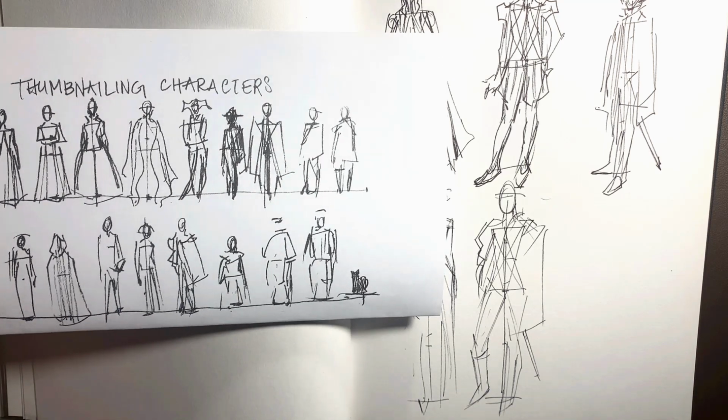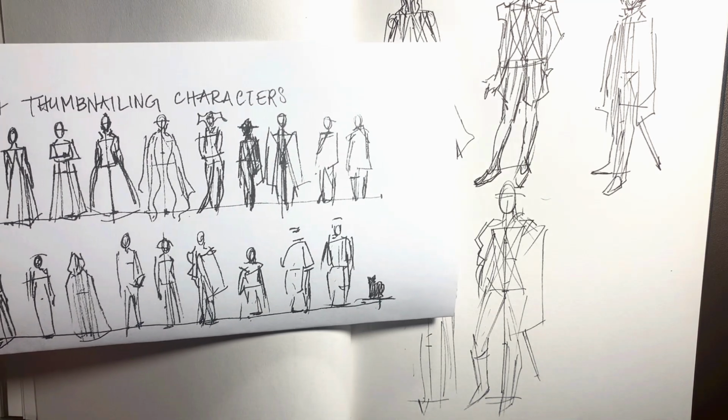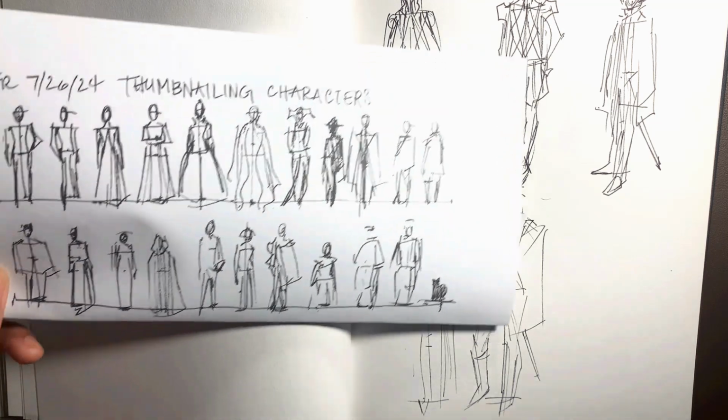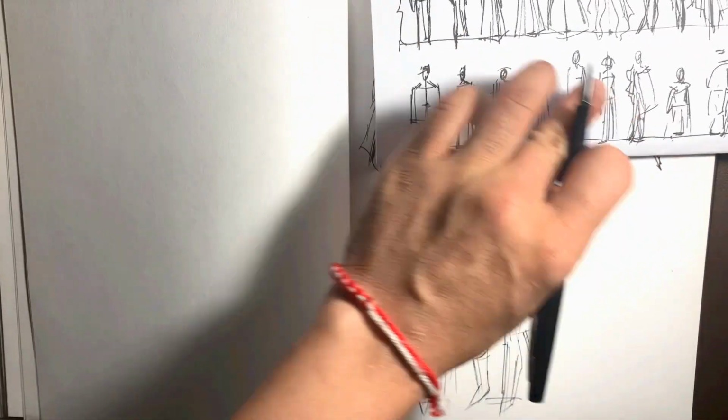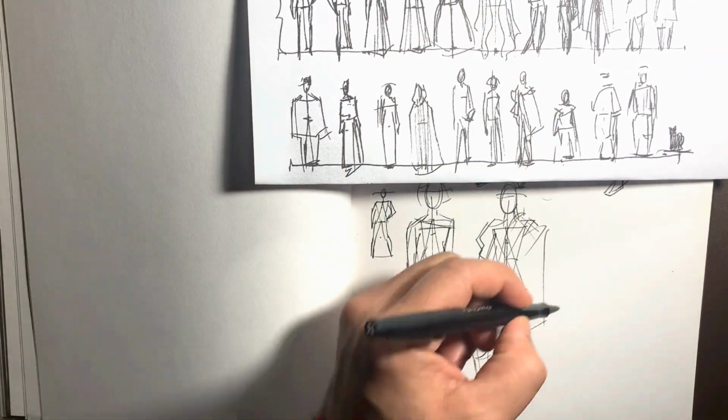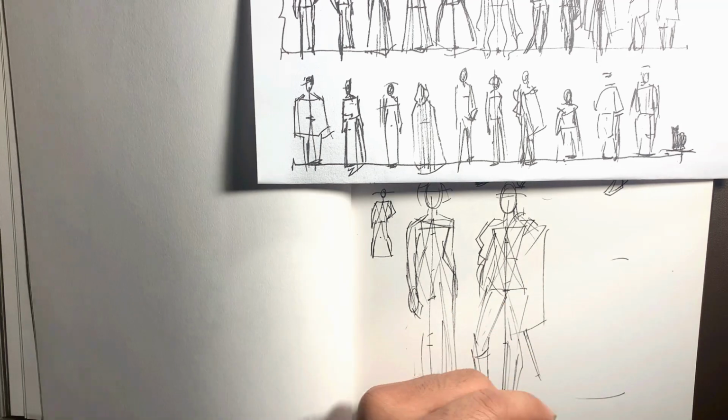So next we'll just go down the line and do this, which is kind of like a child or something, a street urchin.